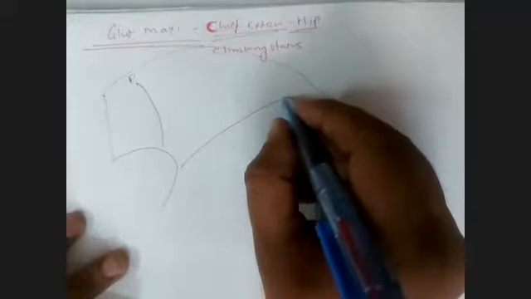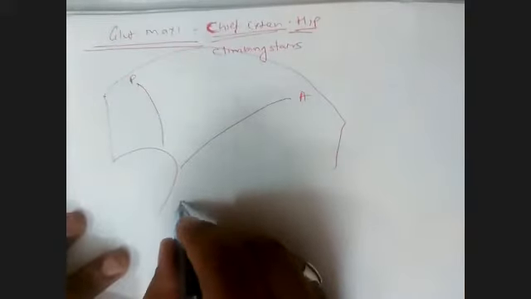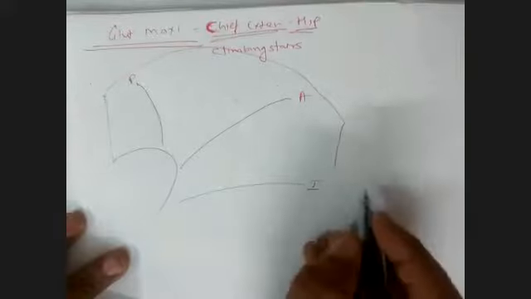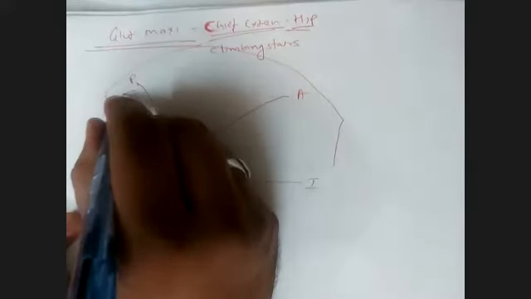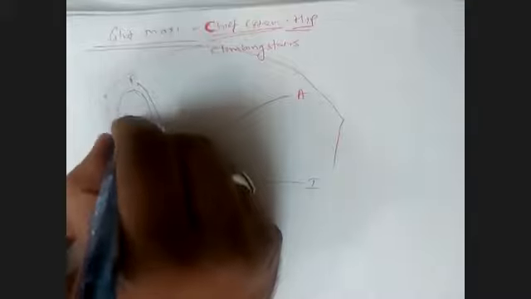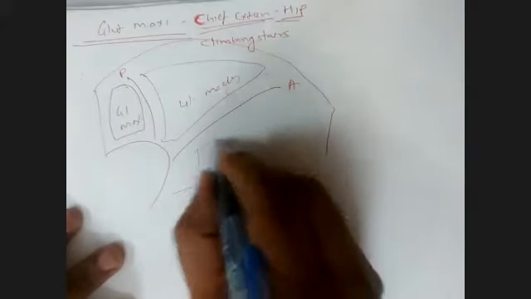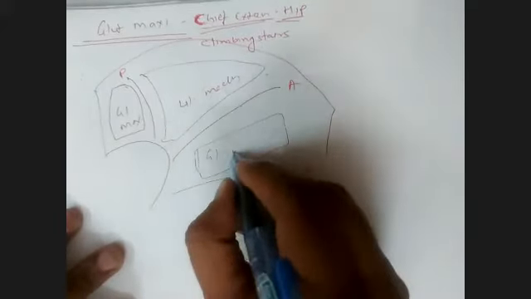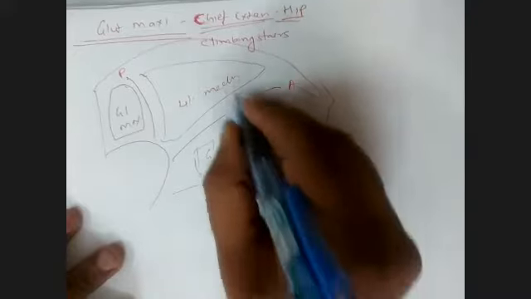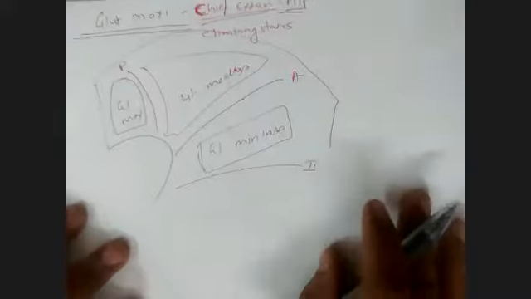This is the posterior gluteal line, this is the anterior gluteal line, and then the inferior gluteal line. Behind the posterior gluteal line is the origin of gluteus maximus. Between the anterior and posterior gluteal lines is the origin of gluteus medius, and between the anterior and inferior lines is the origin of gluteus minimus.